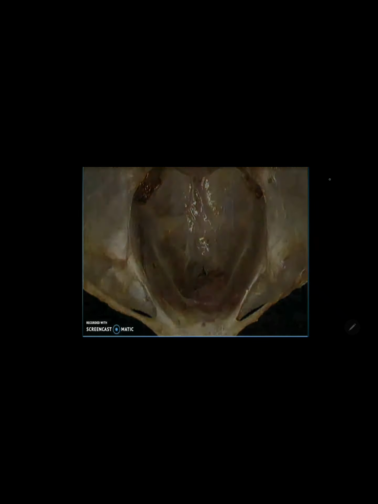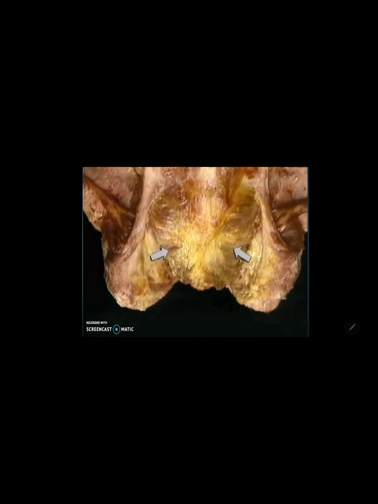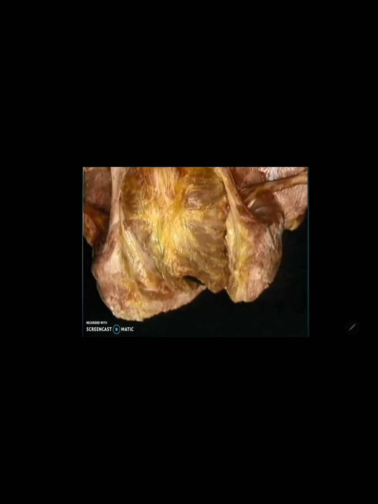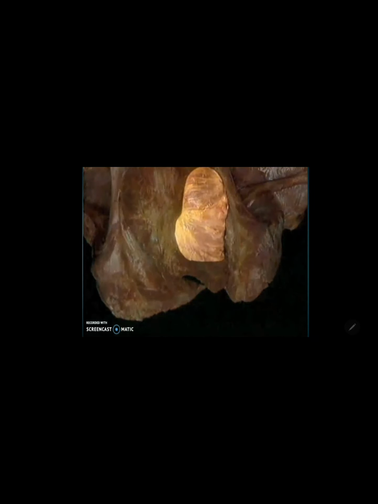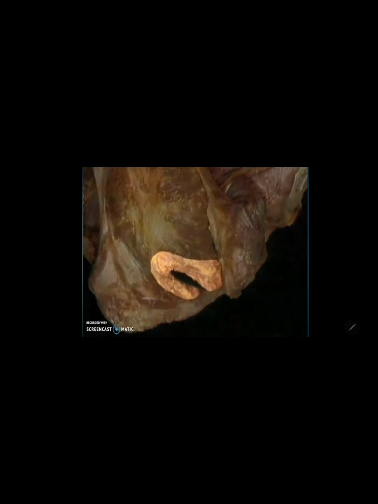And when you view it from below, you can see the muscles there. You are seeing it from below, that entire portion. You can see the pelvic diaphragm, that is the pubococcygeus part.